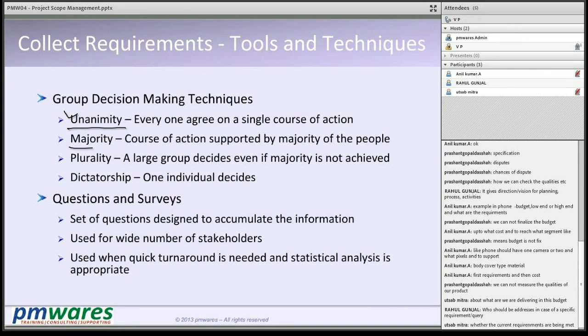Plurality means if the people are not able to conclude on anything, we normally give it to a specific group to decide. Like in parliament, you say the group of ministers, GOM. So if we need to conclude something, we normally give it to the GOM, and they decide. Then normally parliament accepts it. Dictatorship doesn't require anything else. Once said, everything is done.